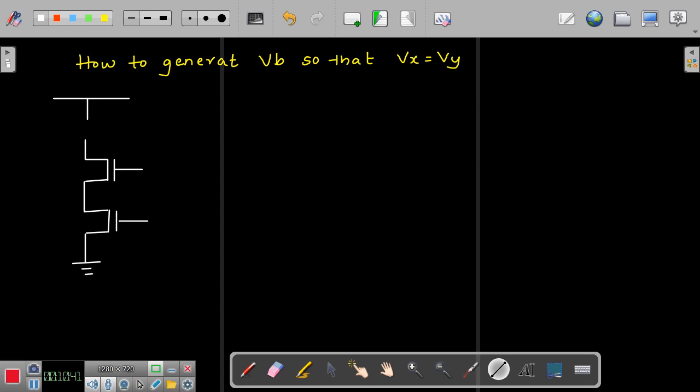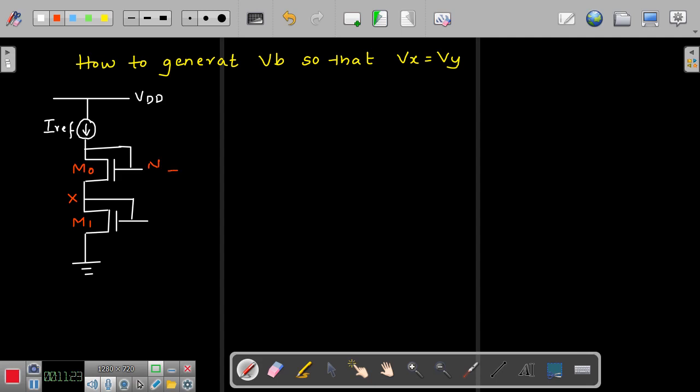Both are of course diode connected transistors or devices. So this is my I reference. This is of course VDD, and this device I call M0. This point is X. This device I call M1, and this point I call N.